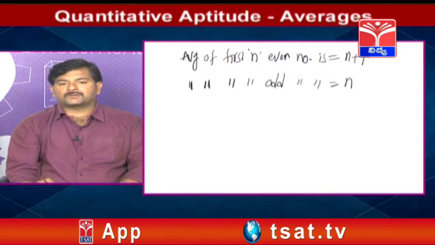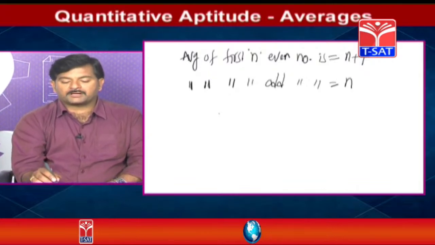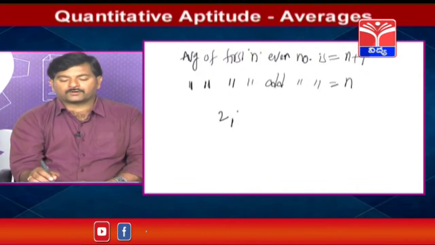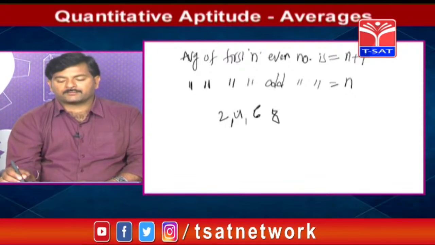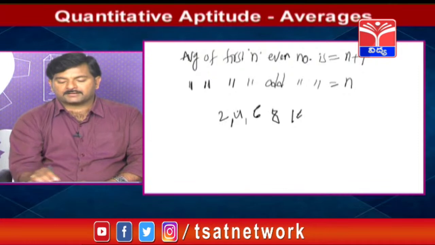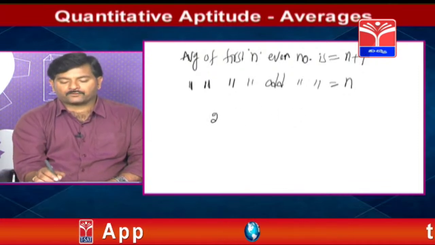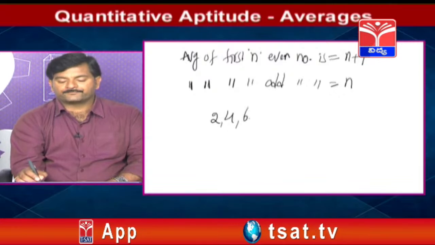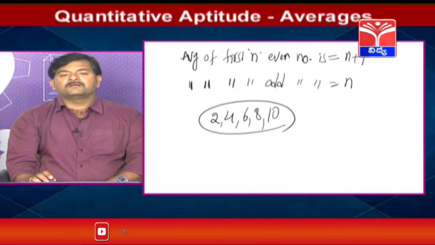Okay. So we'll take one best example. For example, 2, 4, 6, 8, 10. I repeat all these values once again: 2, 4, 6, 8, 10. For example, you have to find the average of all these numbers.